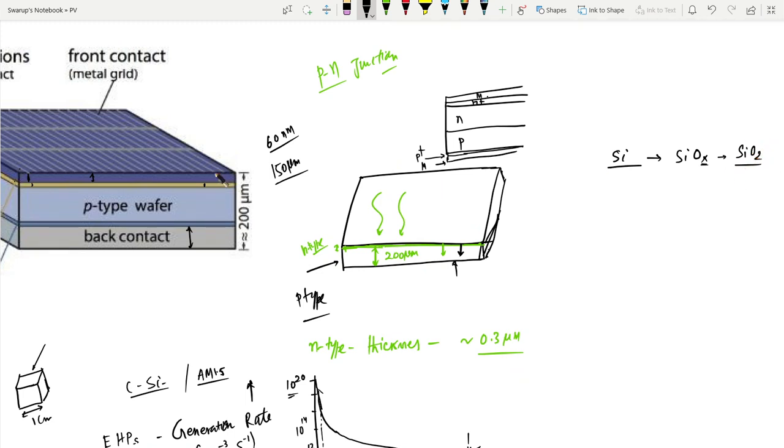So on top of this N-type layer, the anti-reflection coating could be just a thin layer of silicon oxide, or we can use silicon nitride also, SixNy, which could again vary depending on the composition. Why are we discussing these? These are anti-reflection coatings, and they also act as a surface passivation layer. Both can work together.